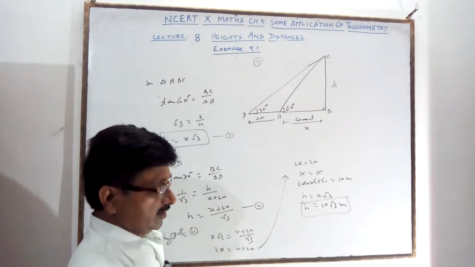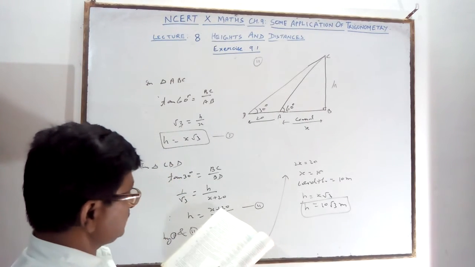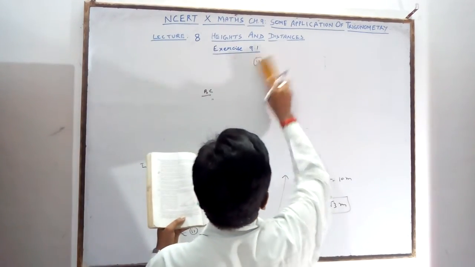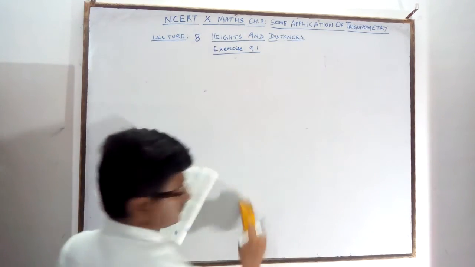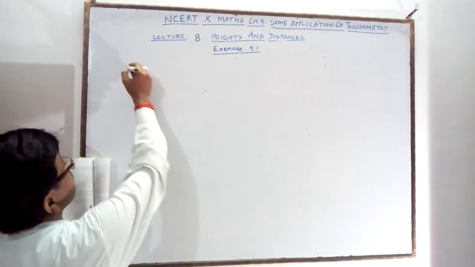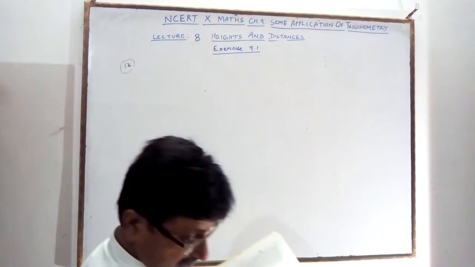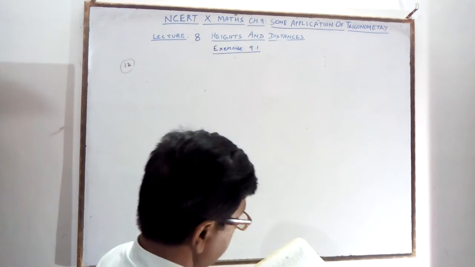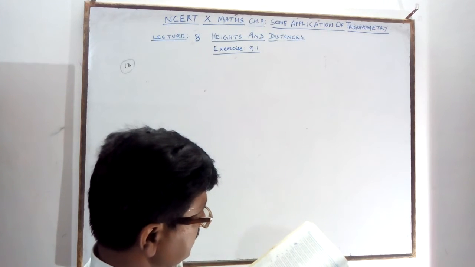Question number 12 we will see. From a top of a 7 meter high building, the angle of elevation of top of a cable tower is 60 degree.